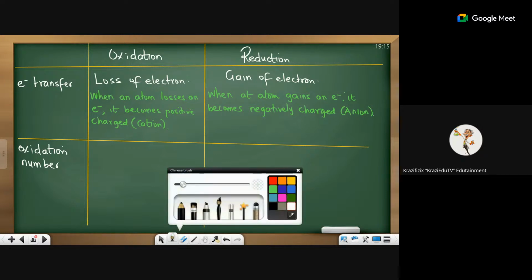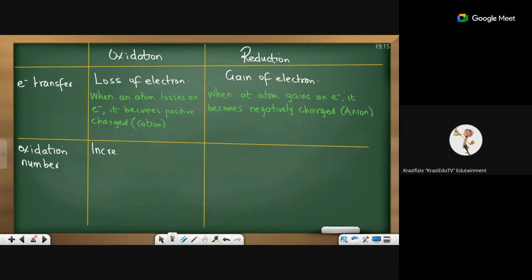Oxidation will be an increase in oxidation number, while reduction, in terms of definition, is a decrease.